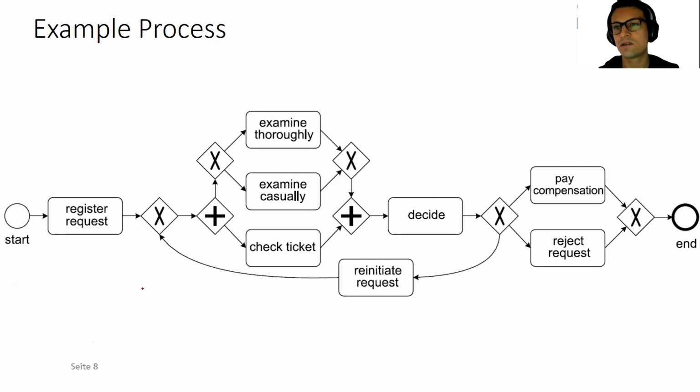So that means that if we enter the first diamond with a plus, from that point onward, the two outgoing branches, which I highlighted again, the check ticket branch and the examination choice that we've seen before, are executed concurrently. That means that we execute both of these parts, but we can do that in arbitrary order.